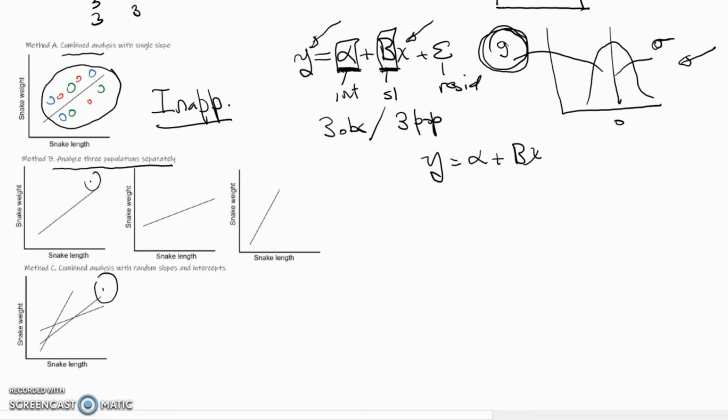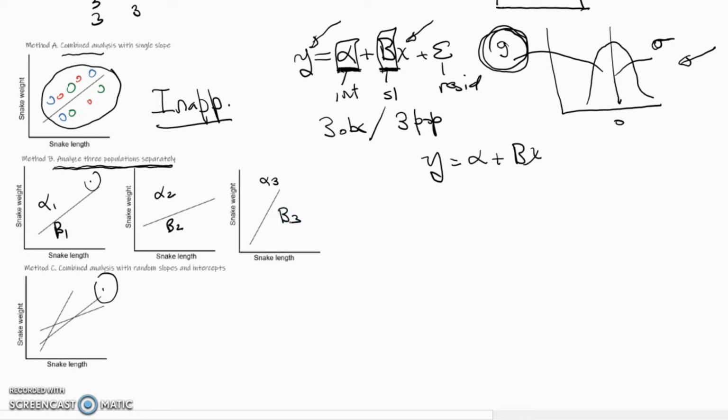But what's different here is that when we simulate the data with populations separately, what we're going to do is we're going to have a specified value of alpha 1 and beta 1 here, and alpha 2 and beta 2 for the second population, and alpha 3 and beta 3 for the third population.